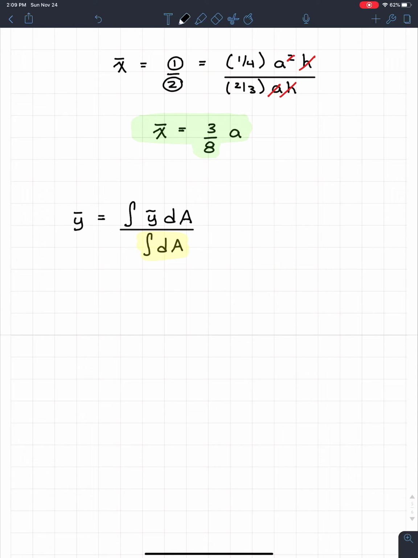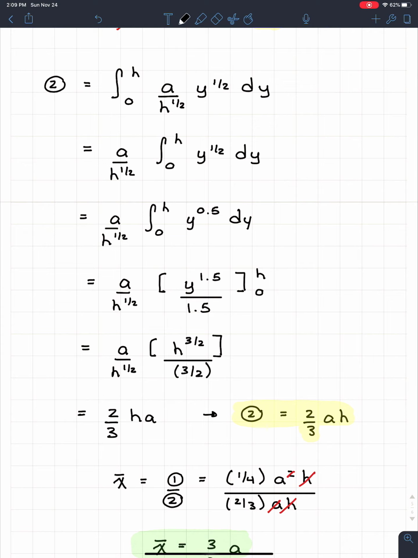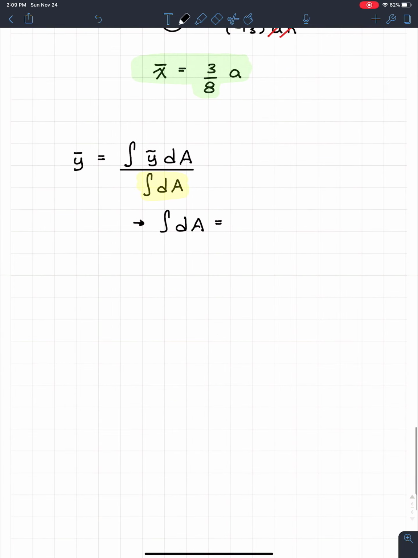So what I'm going to do is just on the side here, I'm going to put the integral of dA is equal to, and we can just scroll up here, and we did it right here, this number 2 is equal to 2/3 A times H. And this is why I said when you guys are doing this in your calculator, do it as two separate calculations, because the bottom integral we're going to need to use again.